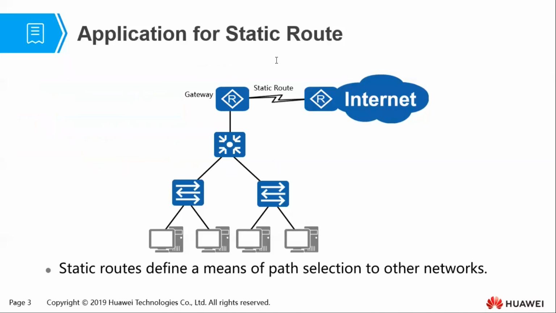Just to give you an example, if this is our gateway at MMU, and this is what is called the customer edge router or the provider's edge router at our ISP, we might configure a static route to our ISP.